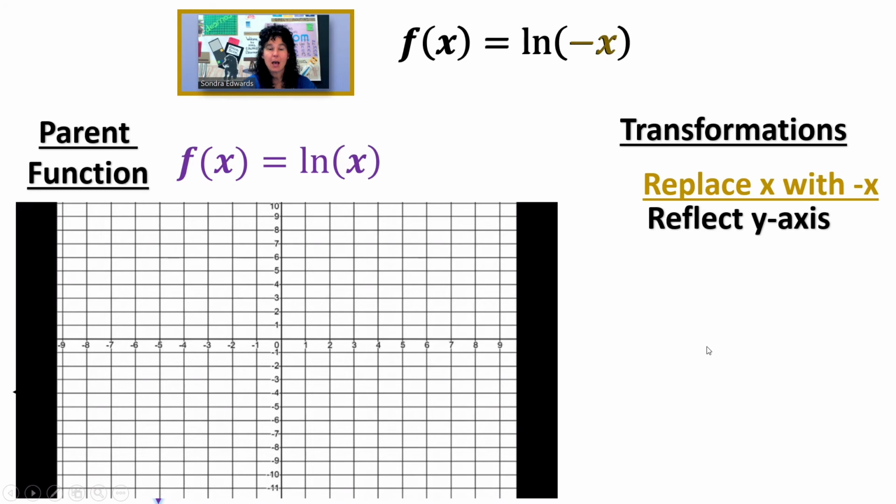So I'm graphing that basic logarithm look, right, through the coordinate (1, 0). Y-axis is my asymptote, and then grab it and reflect it across the y-axis. That does not change that vertical asymptote. So that orange one there, that is the graph of y equals natural log of -x.